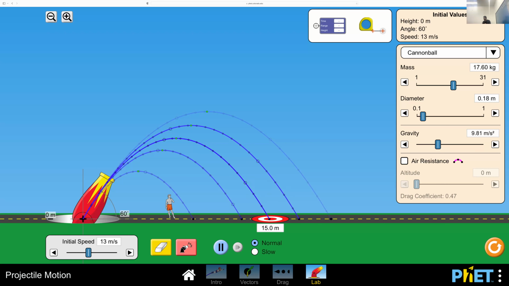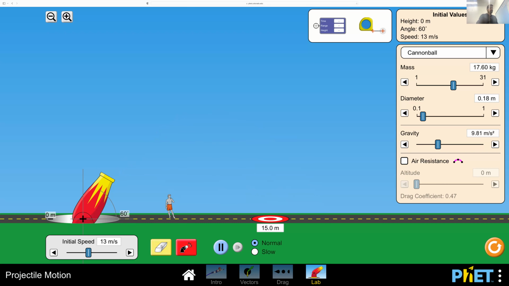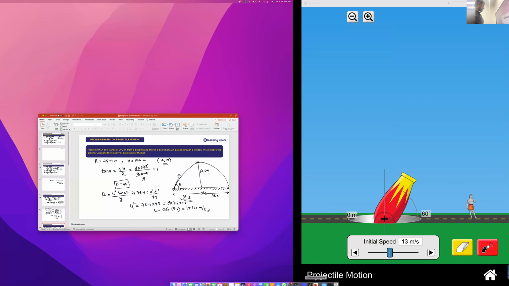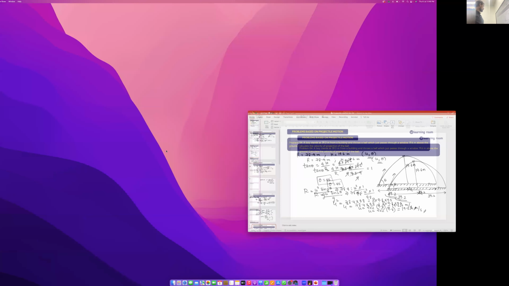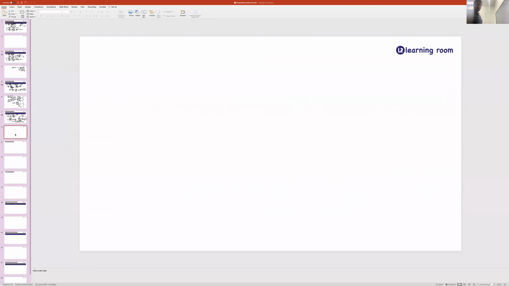Not got it. So understood? Let's try to calculate it theoretically and see. So how much is the value?